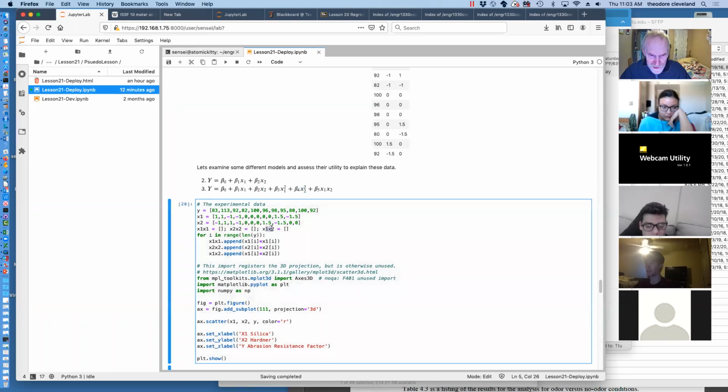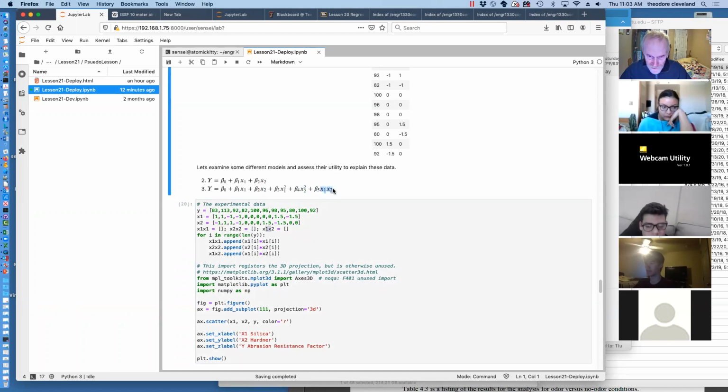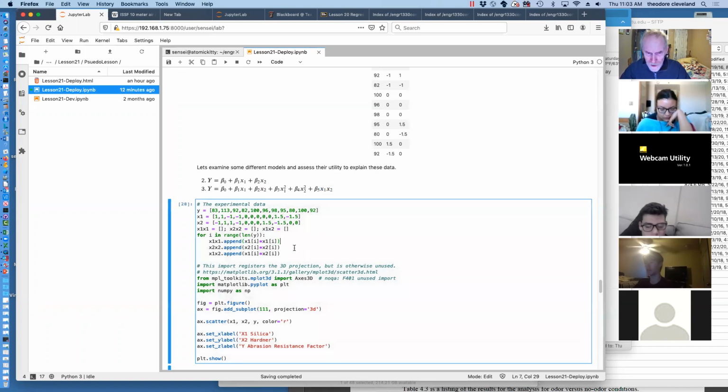And this list x1, x2 is used here. Now it's plausible that you could actually do the arithmetic as you're building the linear system to do your regression modeling. But I find it more clarifying to understand by creating these separate lists.